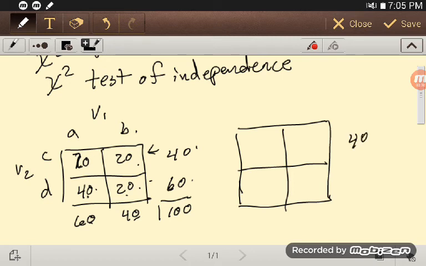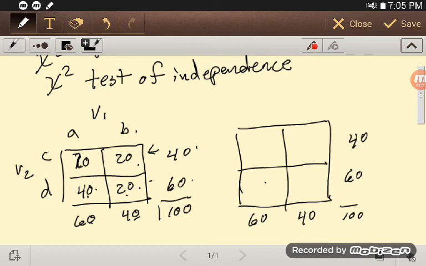So I write 40, 60, 60, 40 that we had there already, and that was a total of 100. And what we're going to do is fill these in with the correct number that should go in here.